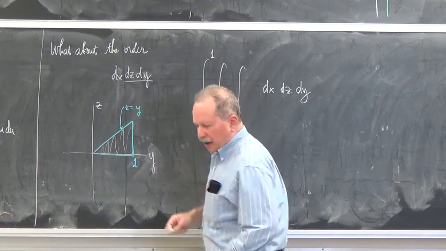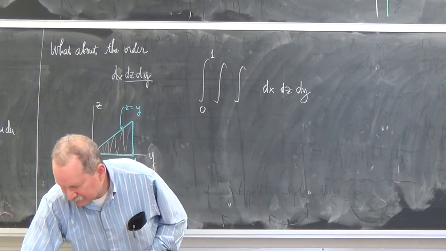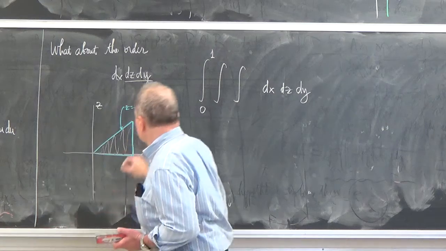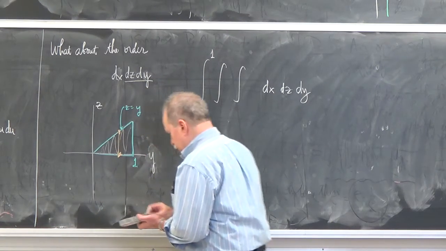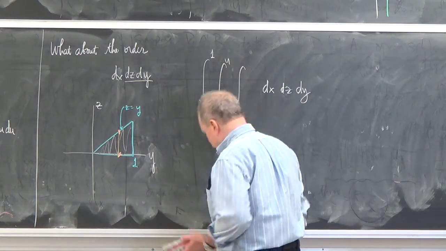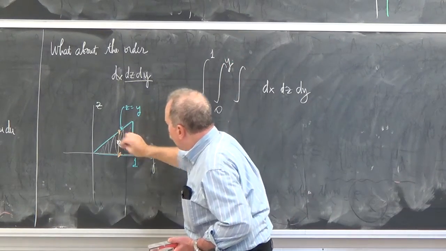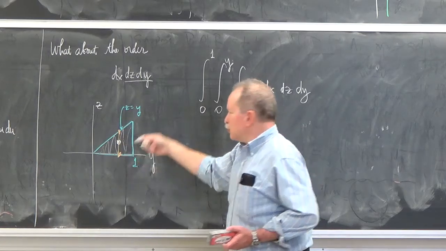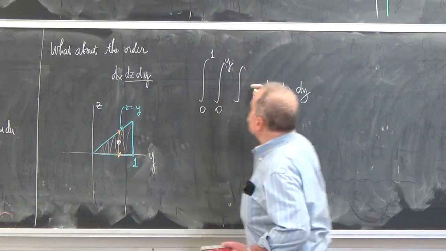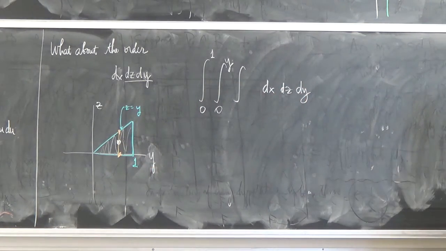For each fixed y, what does z do? 0 to y. And then, if you fix a point in the yz region and shoot your line in the x direction, where does it enter and where does it exit?